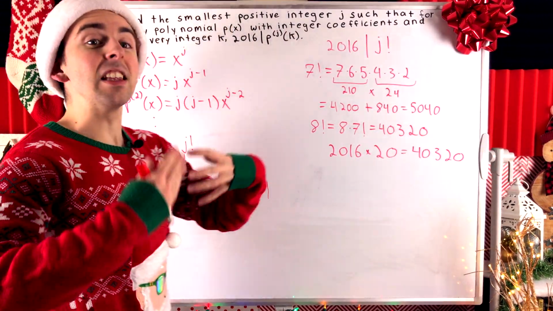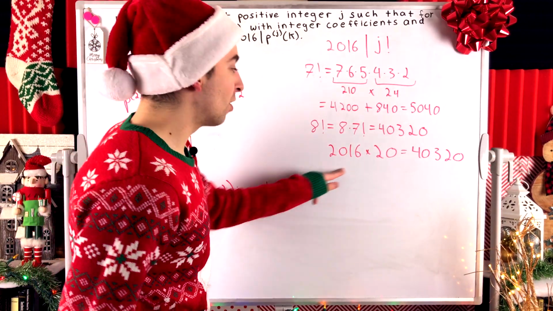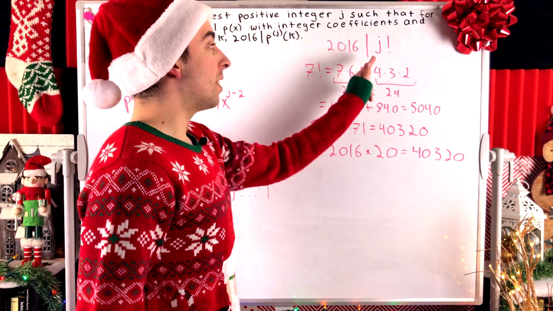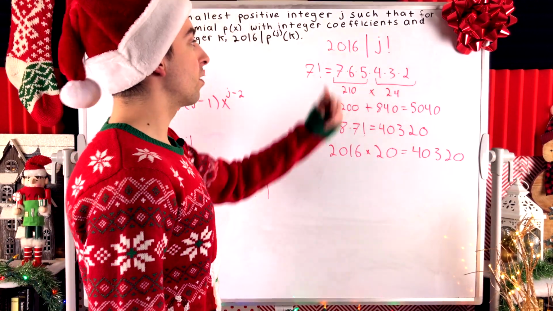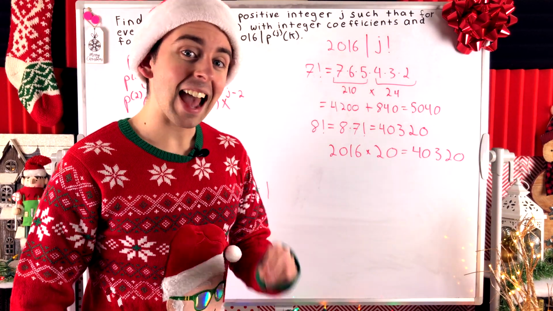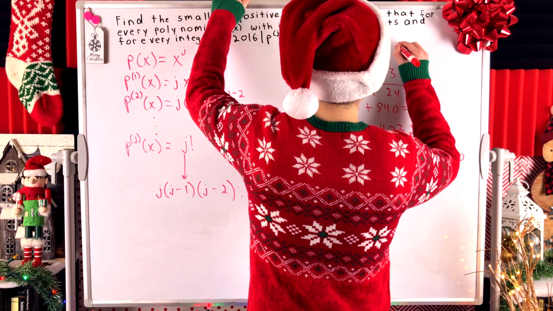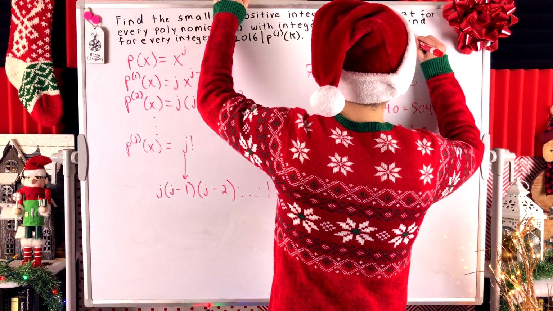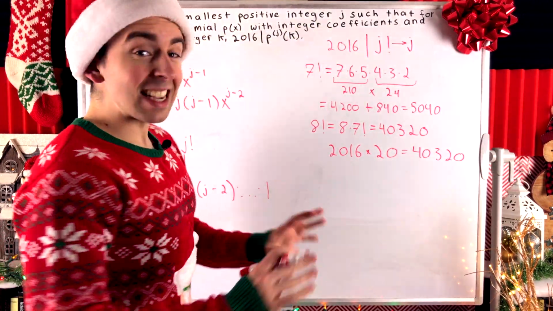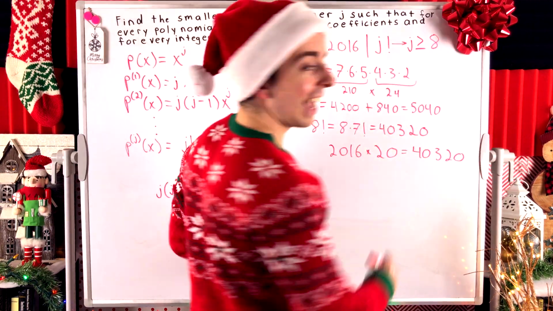So 8 is the first positive integer whose factorial is divisible by 2016. Thus, since we know that j factorial has to be divisible by 2016, this tells us that j has to be at least 8. j is greater than or equal to 8, which we can write up here as an implication. We don't know what our smallest positive integer j is yet, but whatever it is, we know that it has to be at least 8.